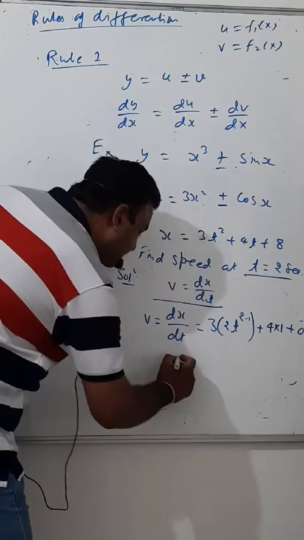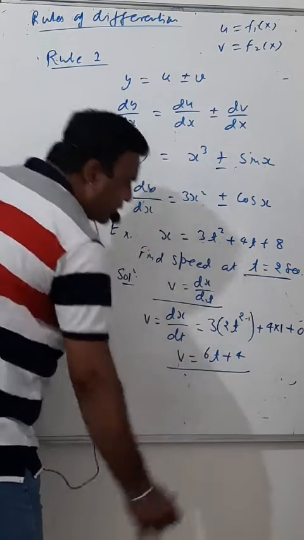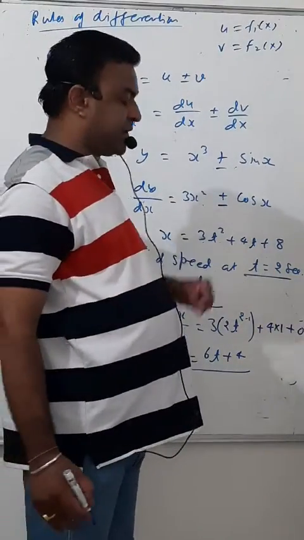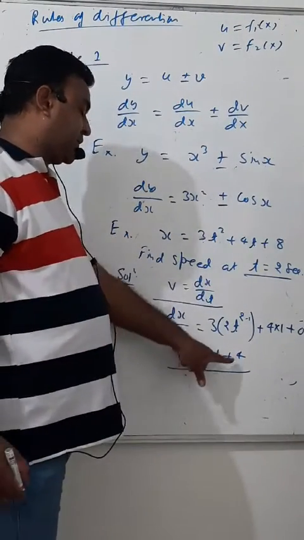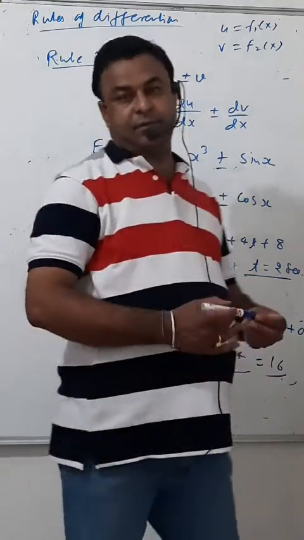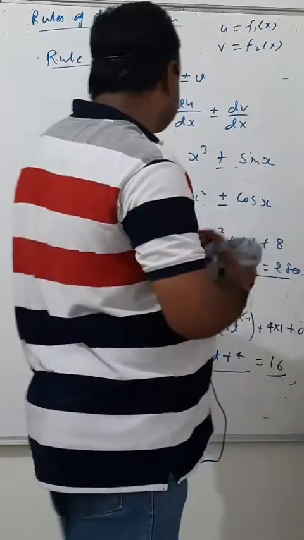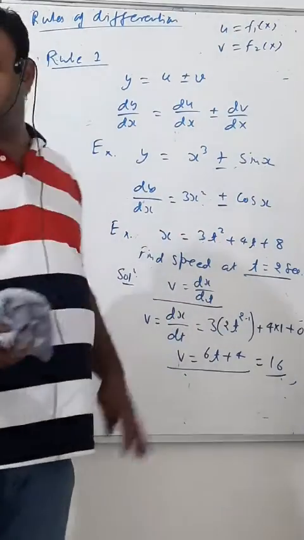I have v is equal to 6t plus 4. Now place t is equal to 2, it becomes 12 plus 4 is 16 meter per second. This is the first rule, about addition or subtraction.